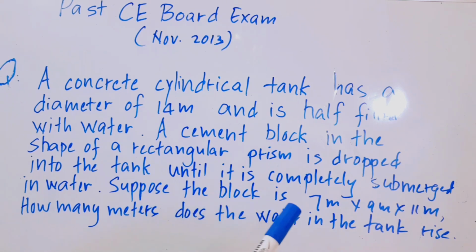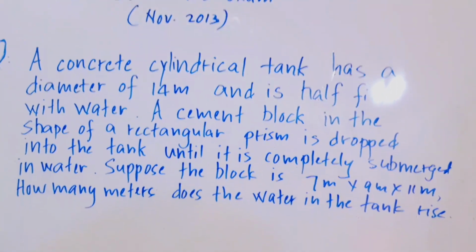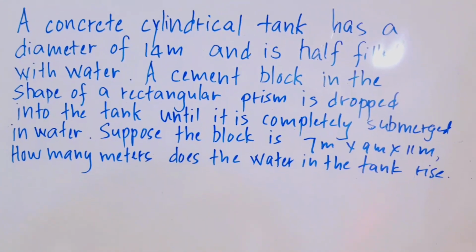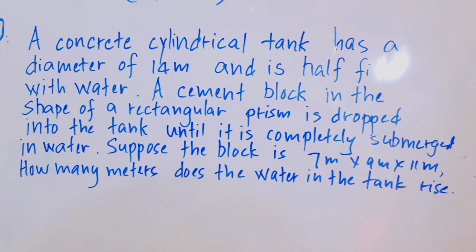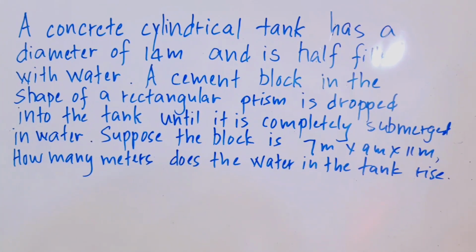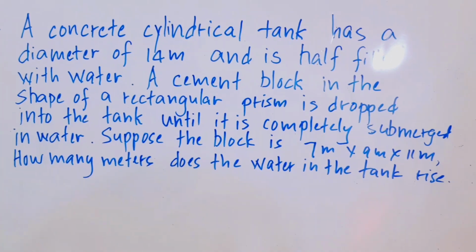Suppose the block is 7 by 9 by 11 meters. How many meters does the water in the tank rise? So here we have to use the volume of a cylinder and the volume of a rectangular block.